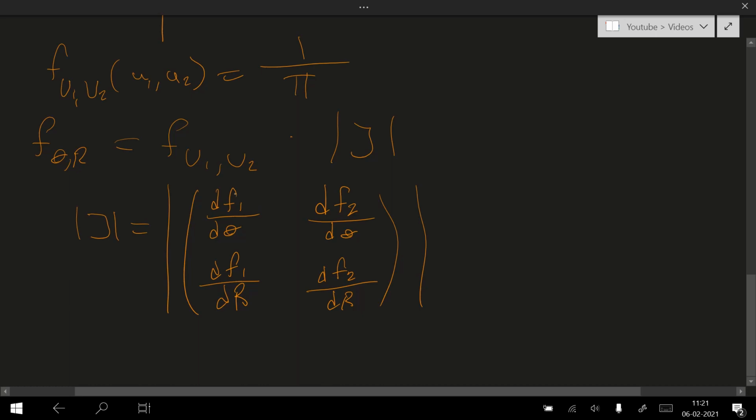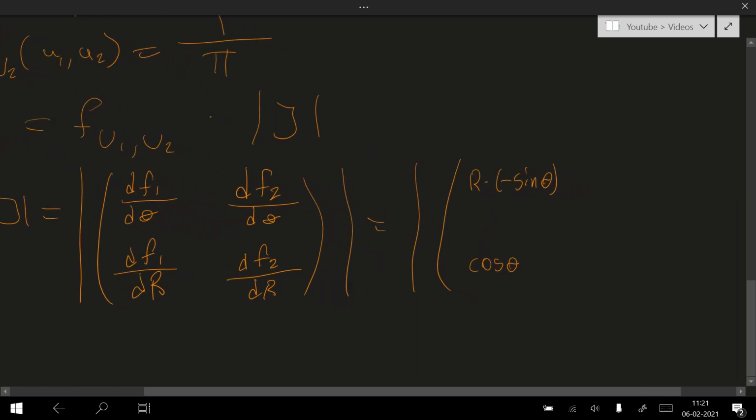This function is r times the cosine of theta, so its derivative with respect to theta will be equal to r times minus sine theta. Down here we will have just cosine of theta.